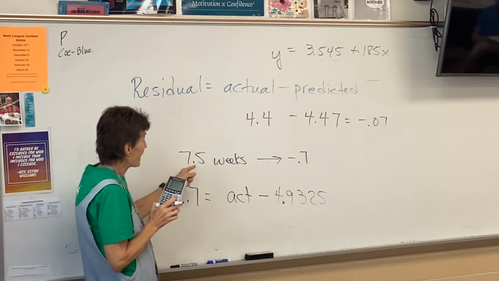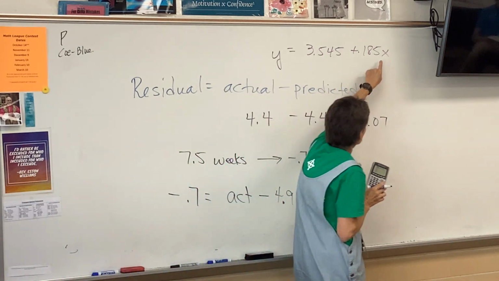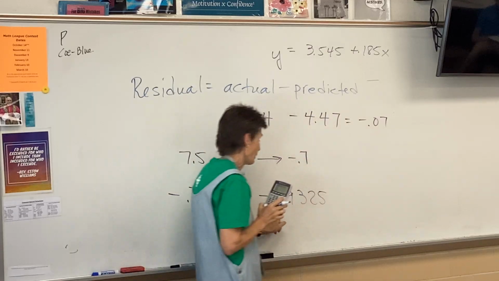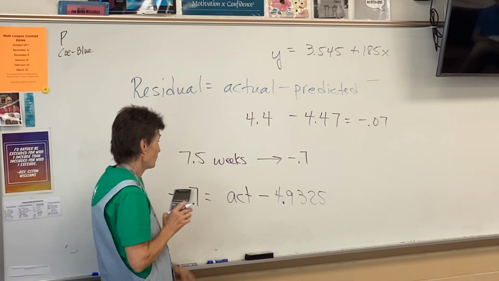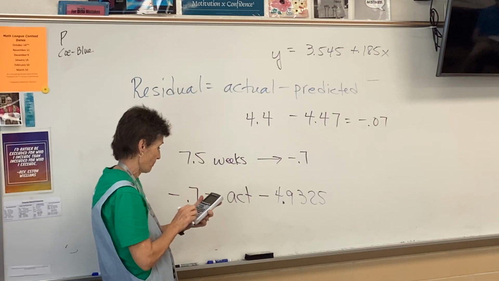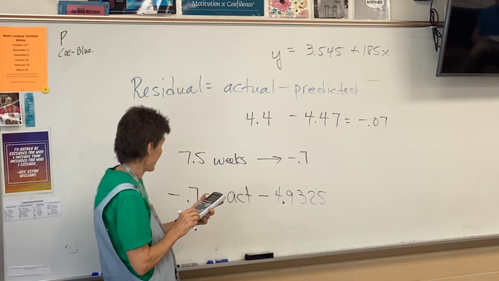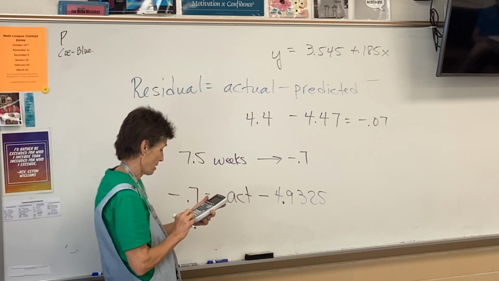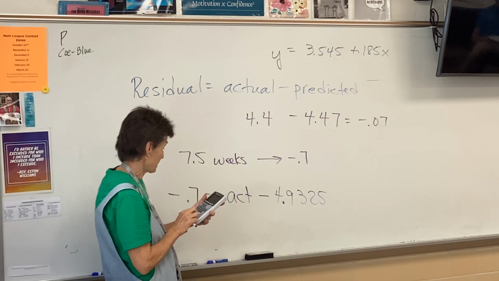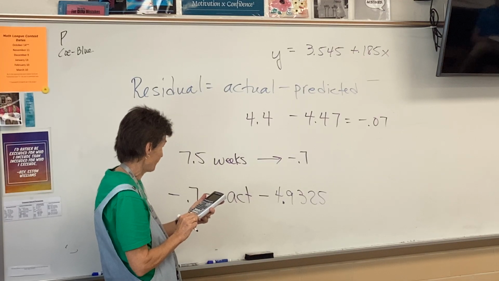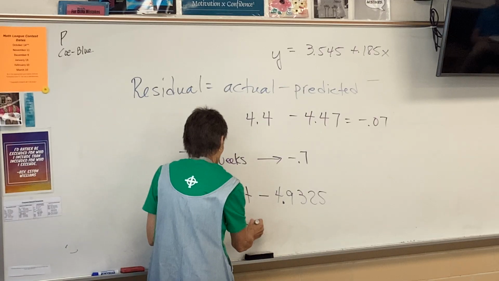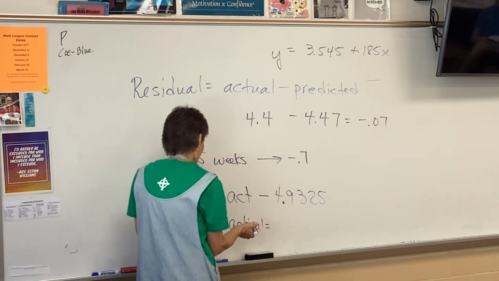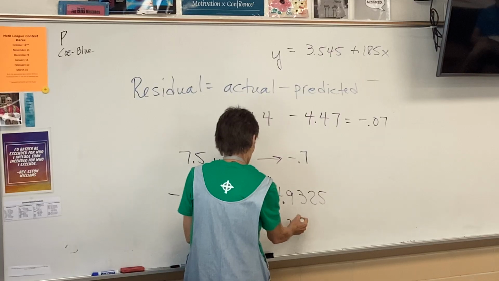For a 7.5-week-old baby, so 7.5 in there, this is what you come out with. Okay, so we'll just take that number and add it. Did you get the actual weight to be 4.2325?